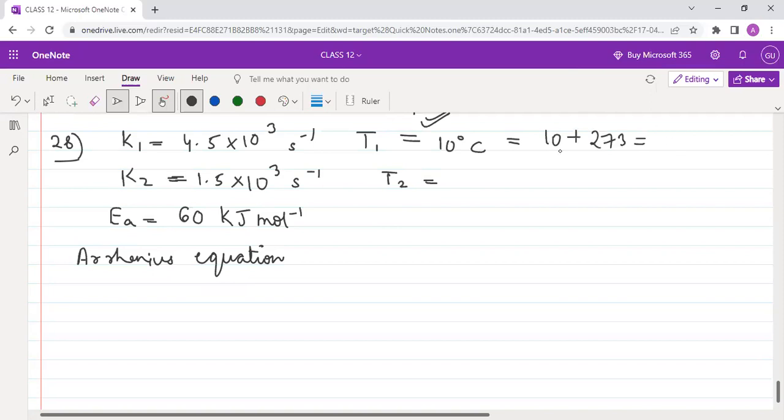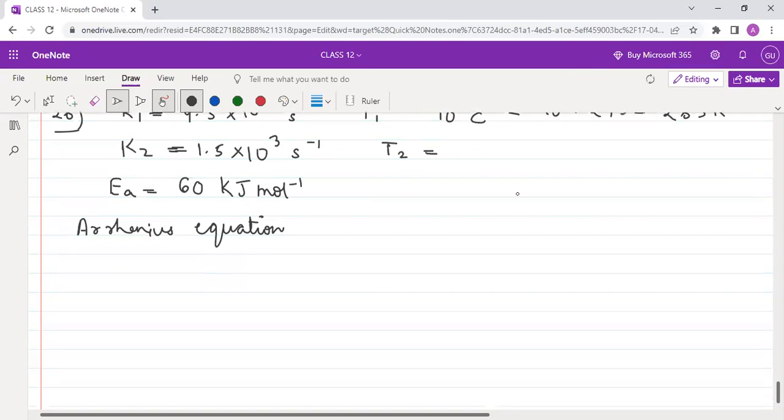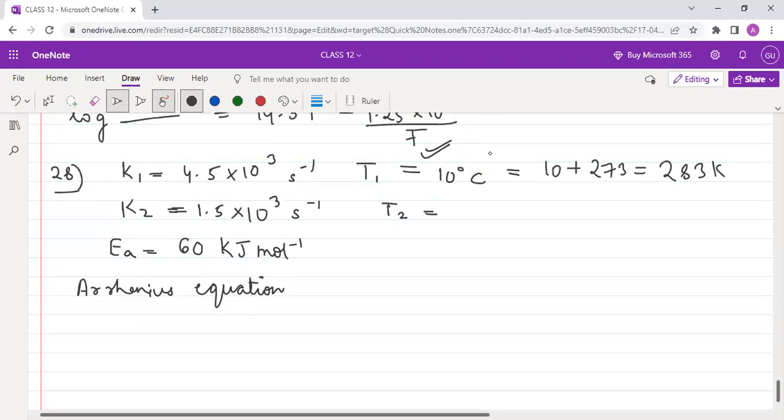Whenever you have to change the temperature from Celsius to Kelvin, you have to add 273. So you have the value of two rate constants at different temperatures. You have one temperature and T2 is missing, we have to find it. The activation energy is given in kilojoule, so convert that into joule per mole by multiplying it with 1000.